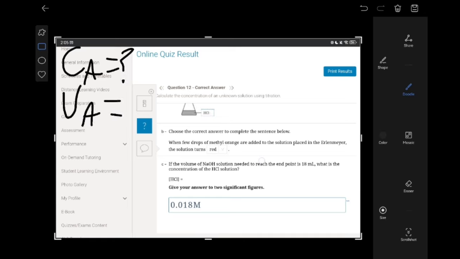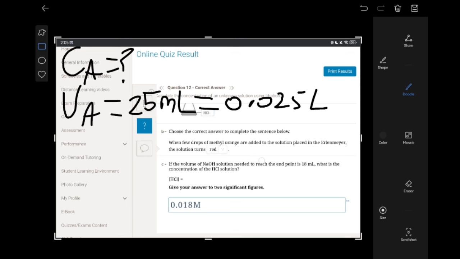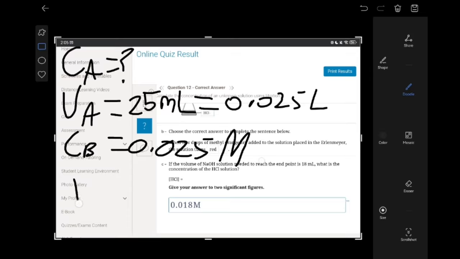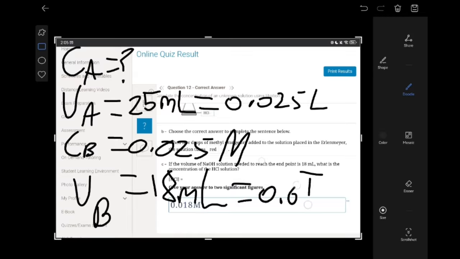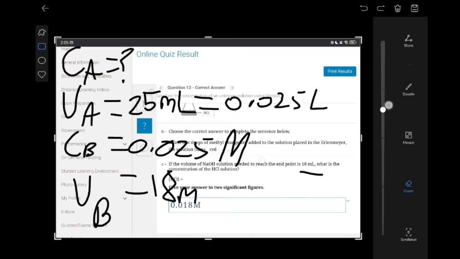Va is 25 milliliters, and you always want it in either liters or decimeters cubed, so 0.025 liters. Cb equals 0.025 molarity, and Vb is given here, 18 milliliters, which is equal to 0.018 liters. I'm just going to remove everything, I just need space to write the equation.